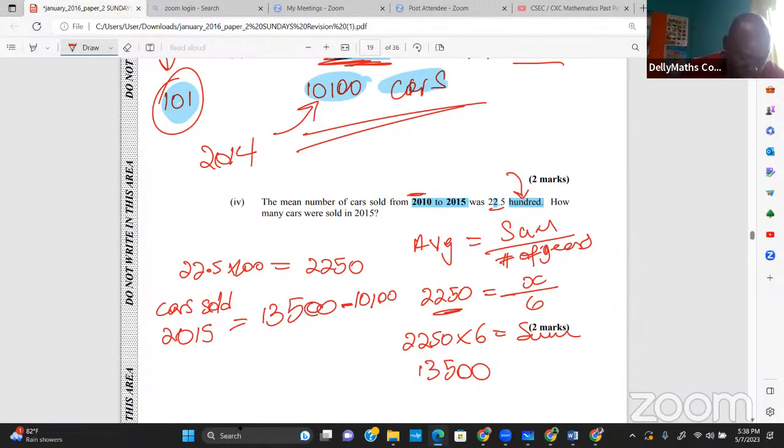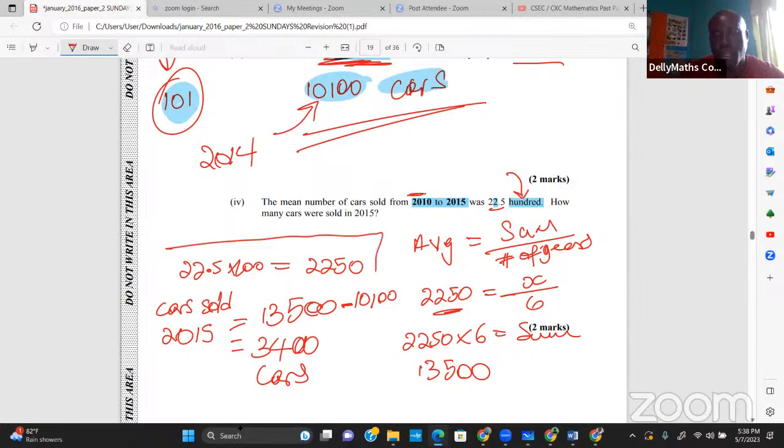Tell me if you see what we're going with there. So I was able to do that, and now I'm getting 3,400 cars, because I played with the idea of average just to know what was the total sum.